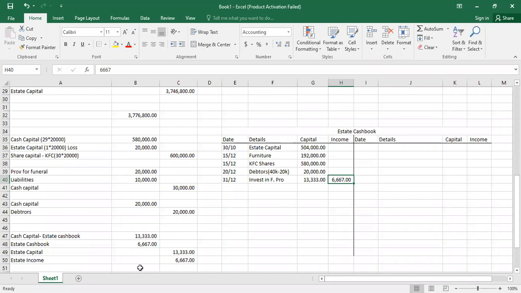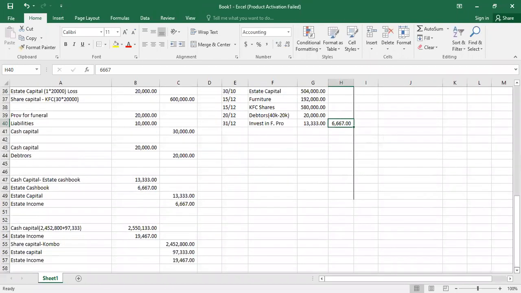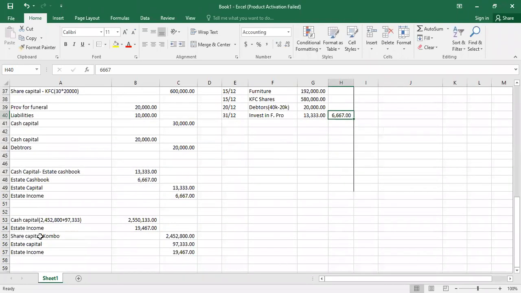Same case will happen to the investment in Kombo, the same that we've done down here. I'll just pick this, but I need to write the investment. This is happening on 31st December also.